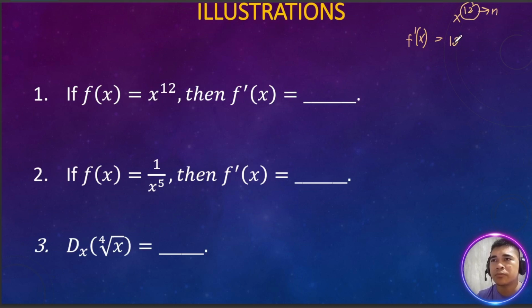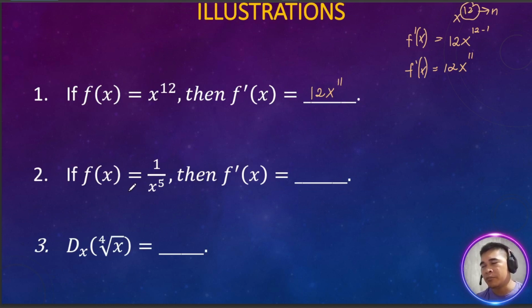So 12 times x. Then what happens to the 12 here? We need to deduct 1. So the final answer is 12x to the power of 11.